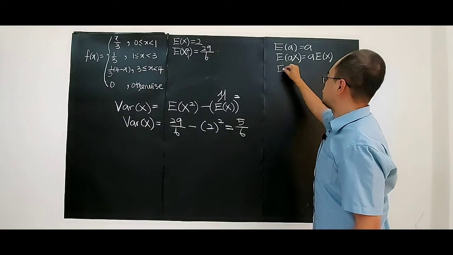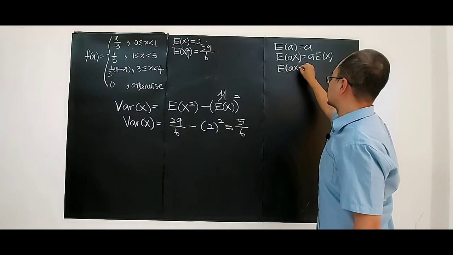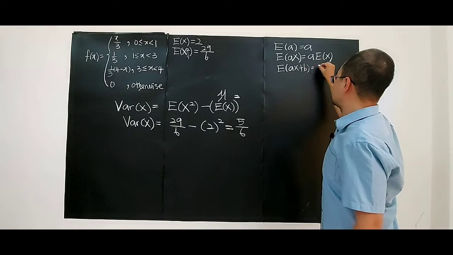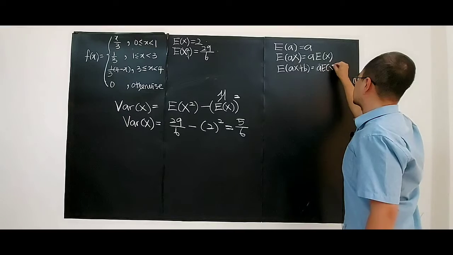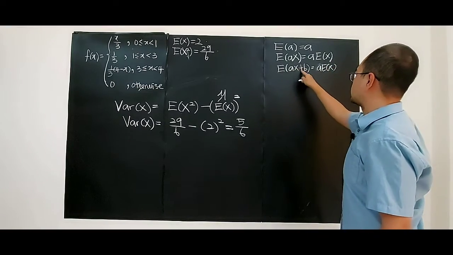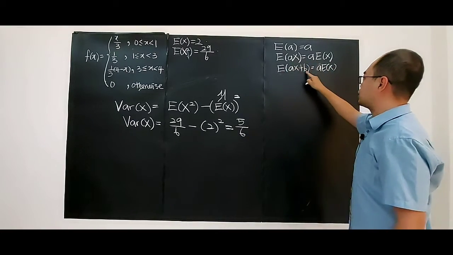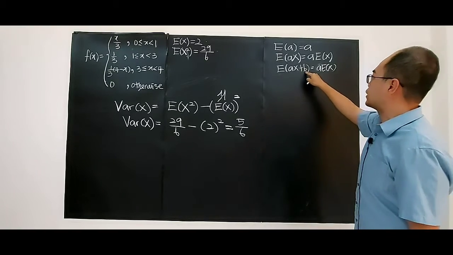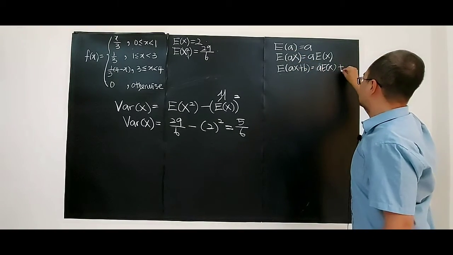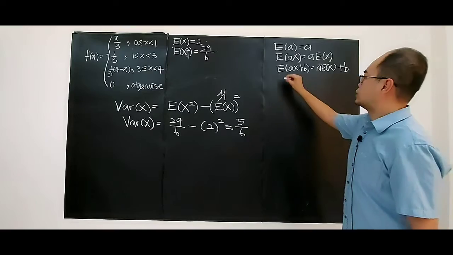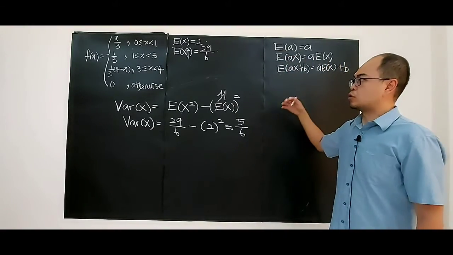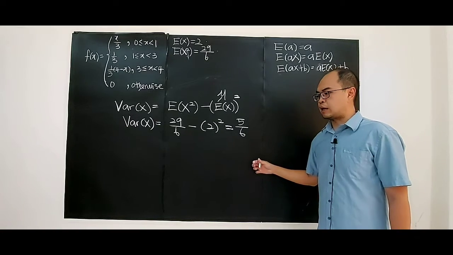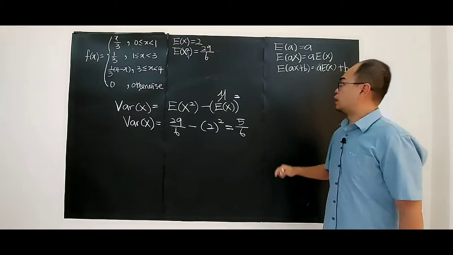So the expectation of ax plus b is aE(x) plus the expectation of the constant b, which is another constant. You have to remember all this. Please jot it down. Through this video, I will include everything, all right?